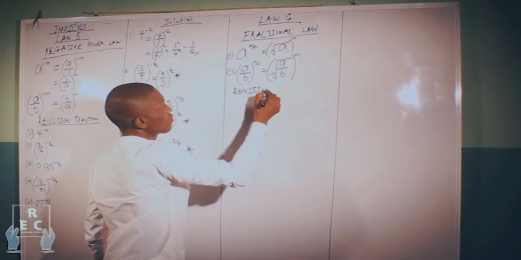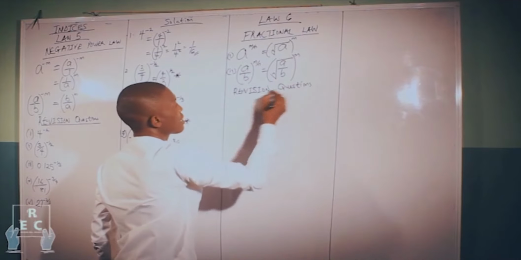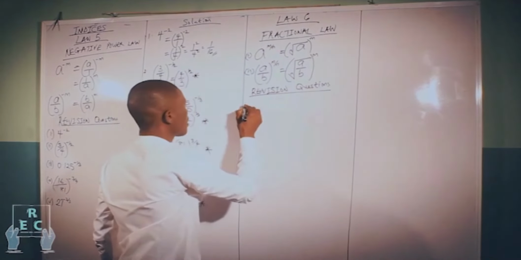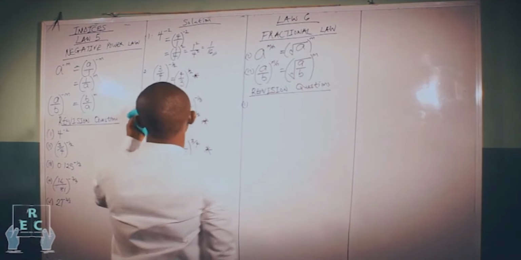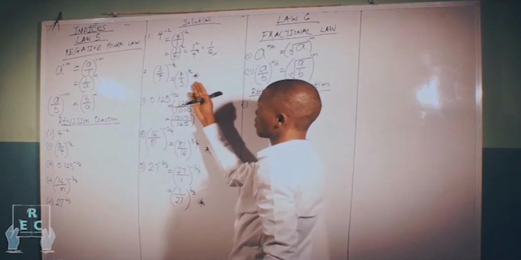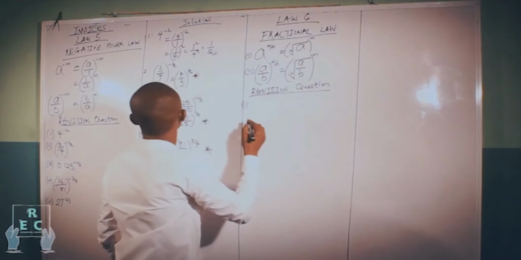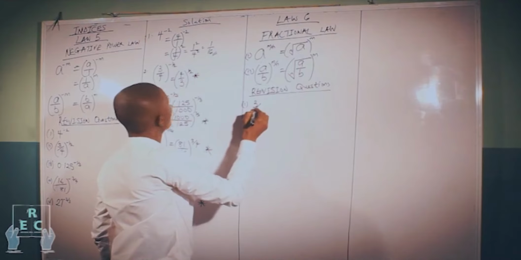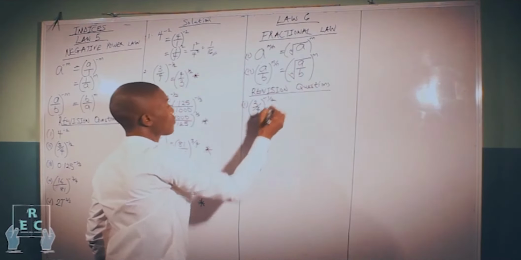Revision questions. The first revision question, we'll pick from this unsolved question. Here we have 3 over 4 raised to the power of minus half.